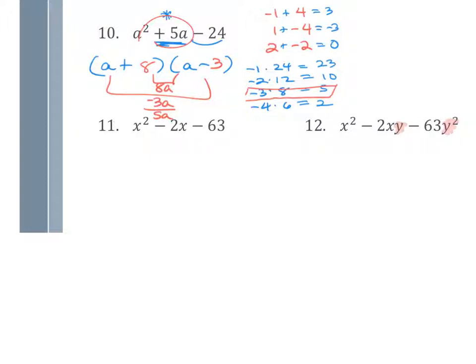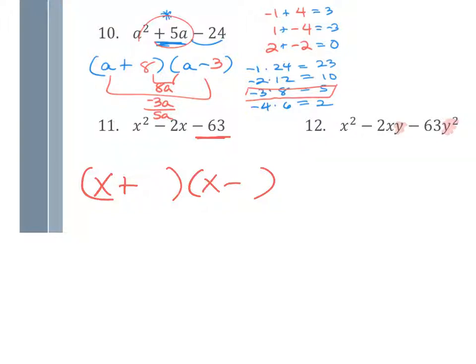Again, the last number is negative, so this tells me my signs are going to be different, one positive, one negative. And now I need to list the factors of 63 that when I subtract them will give me -2.